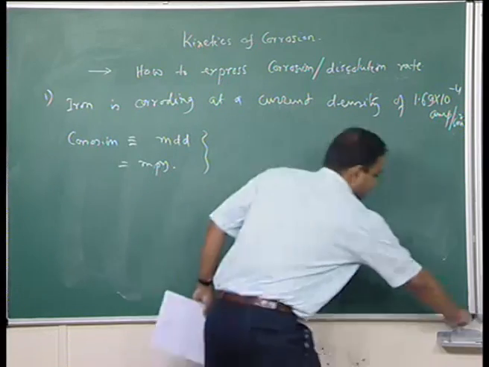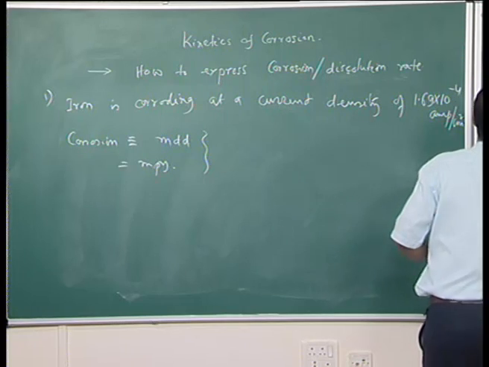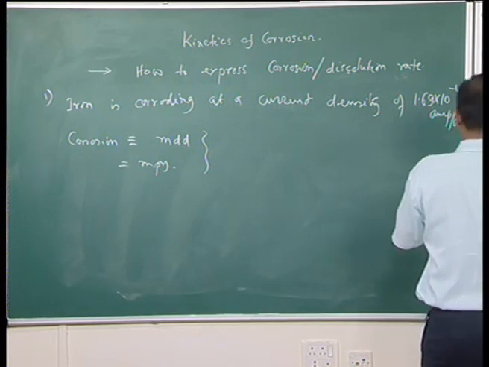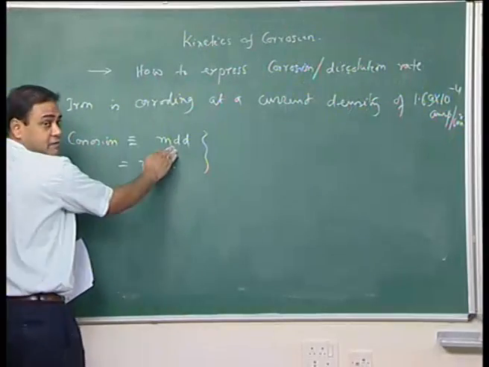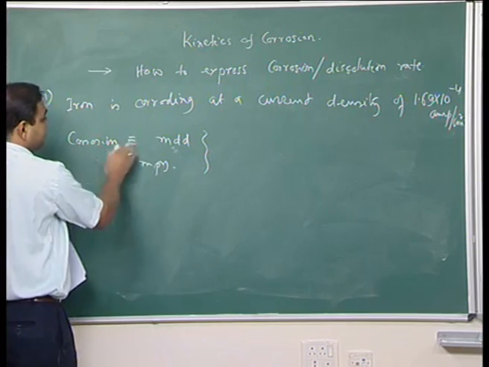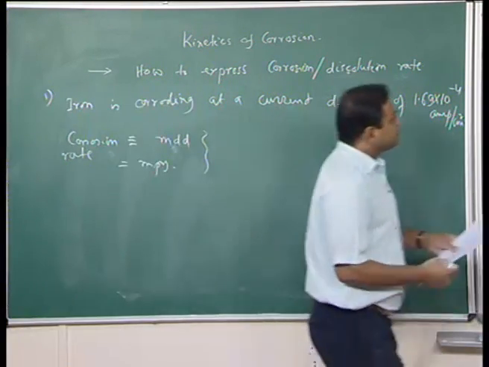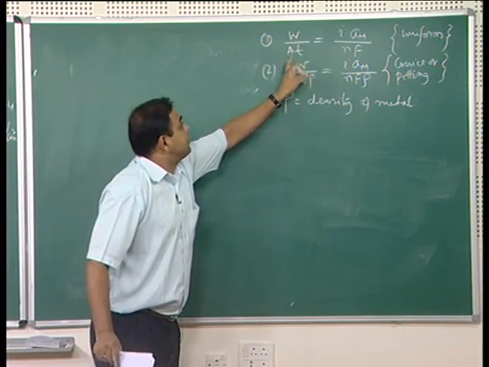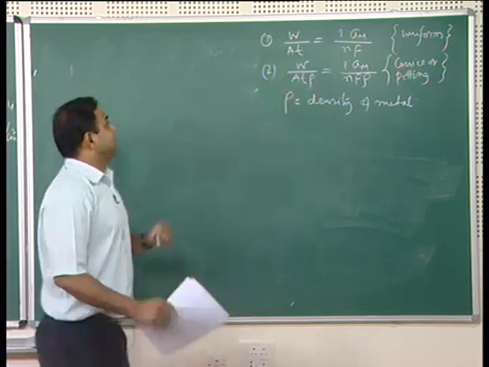Now, let me chalk out the same problem here. For expressing the corrosion rate in the form of MDD, we have to use the first expression, because here we know that this part gives me the weight loss per unit area per unit time.